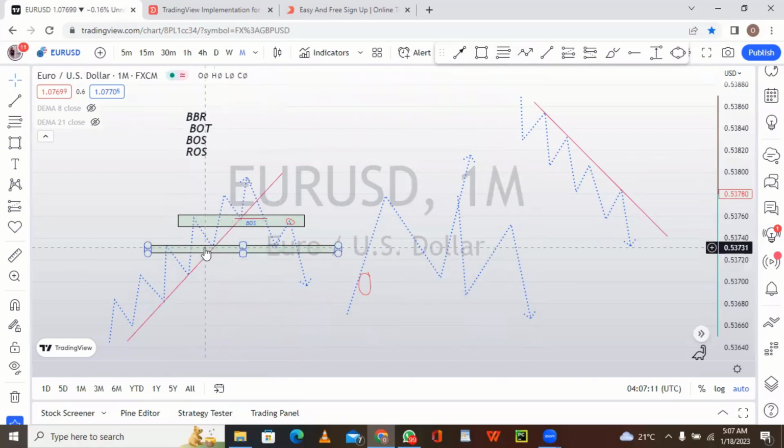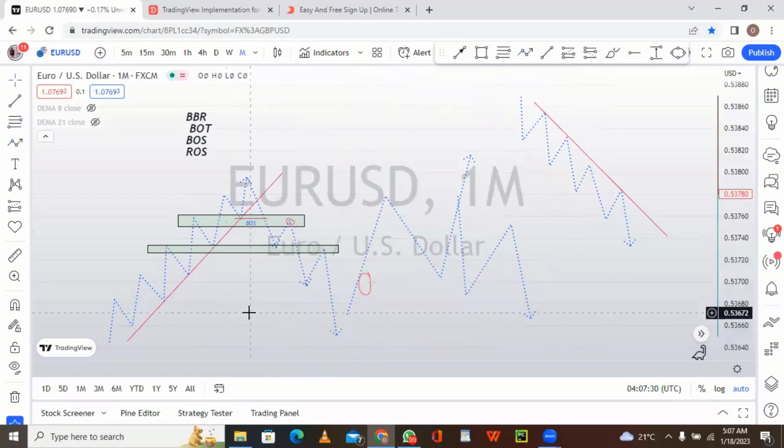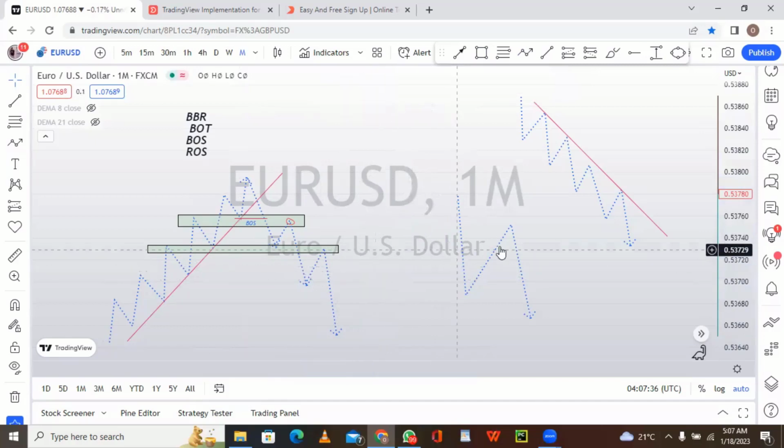And as you can see, this structure was broken. This was also a higher low, which was in confluence with a swing point at a point in time. But you observe that structure was broken, so you can wait for the retest of the structure, and you take the market all the way down. So this is the concept of transition in a bullish move, in a bullish market.